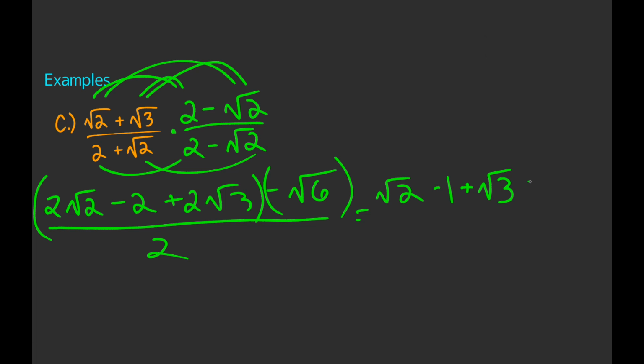We're just going to say minus the square root of 6 over 2. And you could rearrange some of the terms to make it look a little bit prettier, but for simplifying, this is as simple as it gets. So this mess right here, the square root of 2 minus 1 plus the square root of 3 minus the square root of 6 over 2 is our final answer.